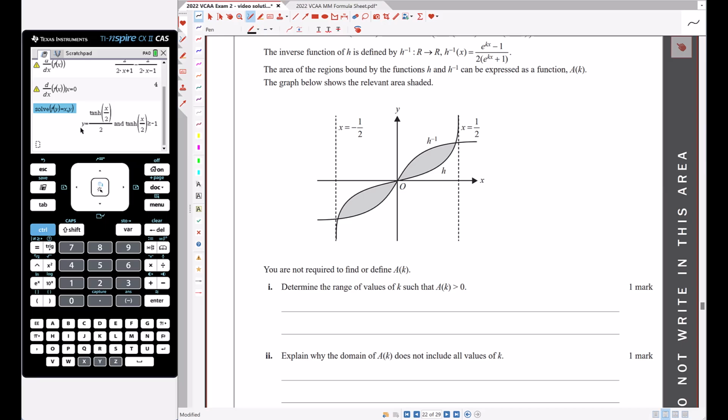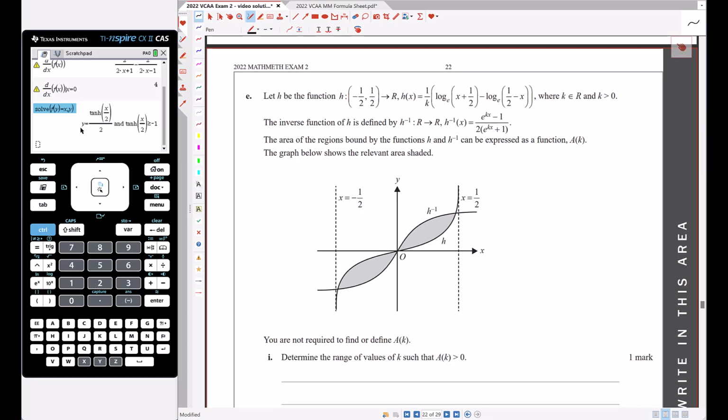Okay, so we need that area to be positive. So I suspect what's going to happen, if we think about understanding these dilations, is that, as I said, this is a dilation by 1 on k from the x-axis, and this here is a dilation by 1 on k from the y-axis.